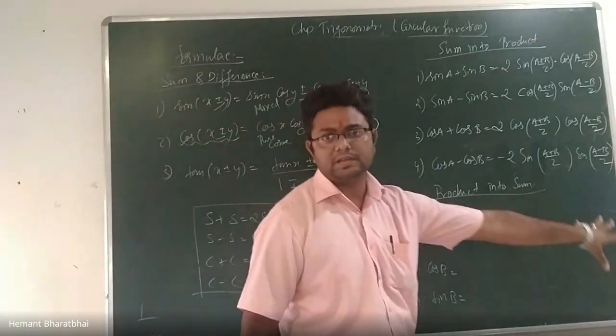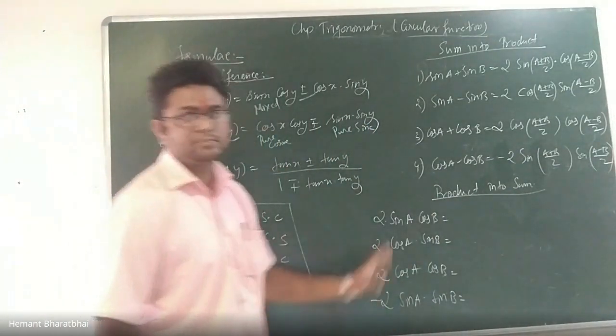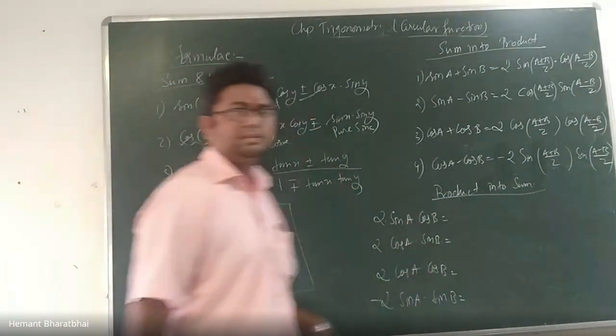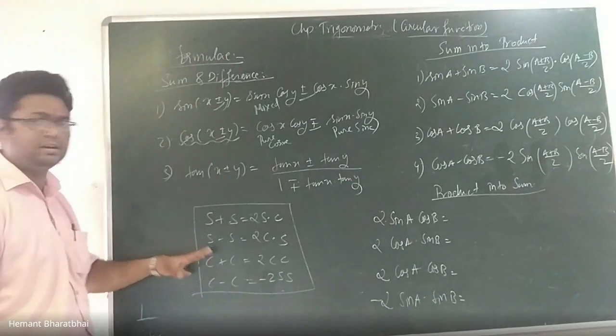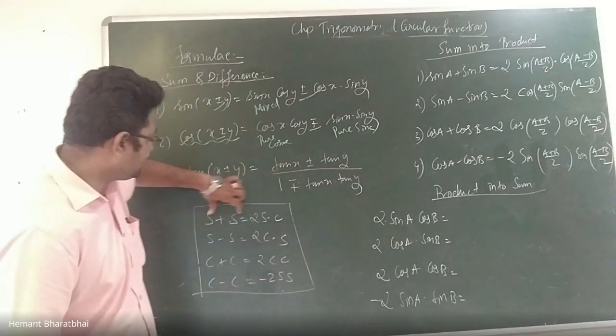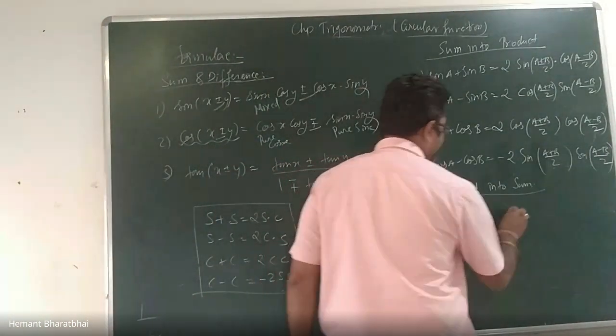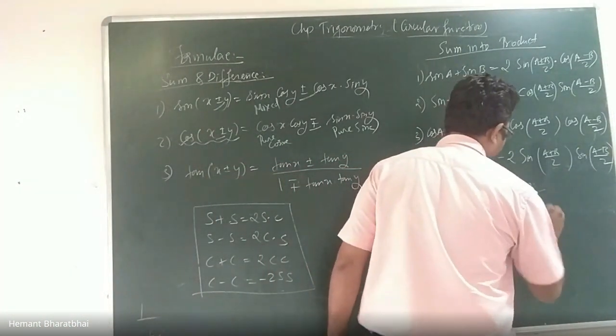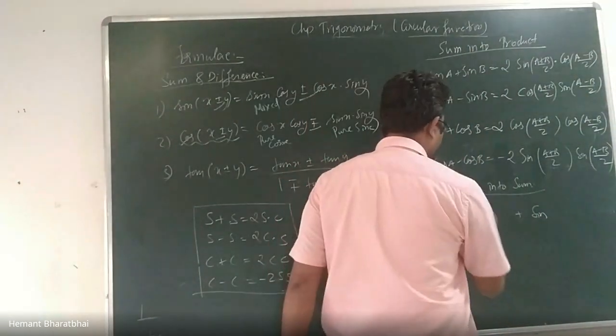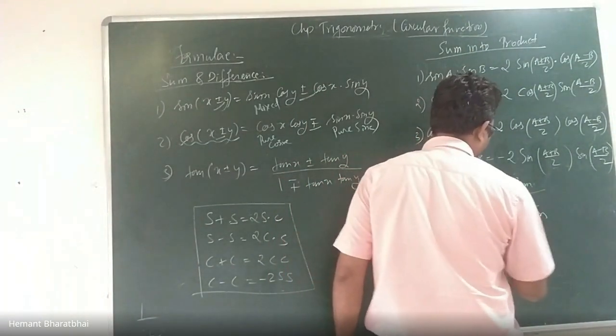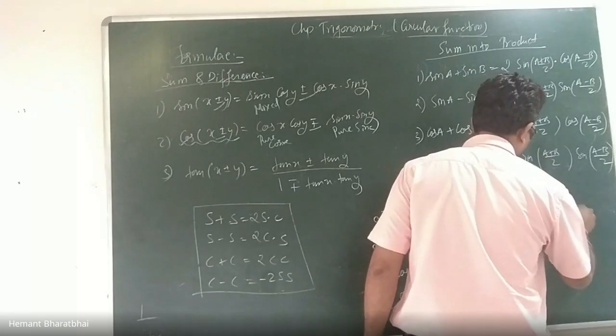Now on the RHS side, I should have the sum. So what it says over here, 2SC is nothing but S plus S. So this is going to give me sine plus sine. So this will be sine of (A plus B) plus sine of (A minus B).